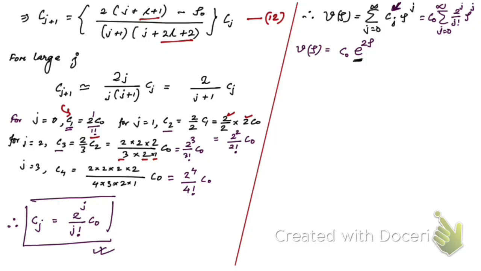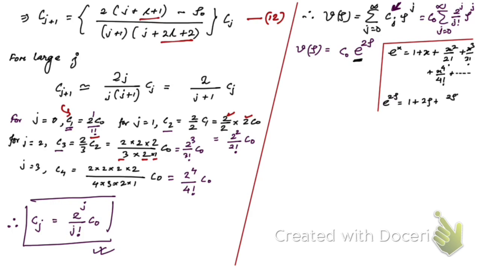Actually what happens, this summation you can see here, if you expand e to the power x, you will get this kind of result, right? This is the expansion of e to the power x, and instead of x, if you have e to the power 2 rho, then the expansion is going to be like this. Now if you observe this expansion carefully, you can write it using summation, right?